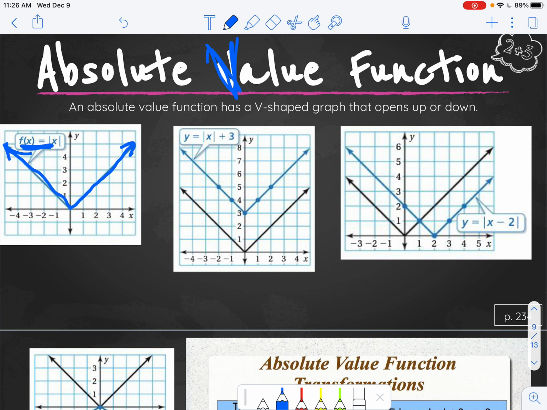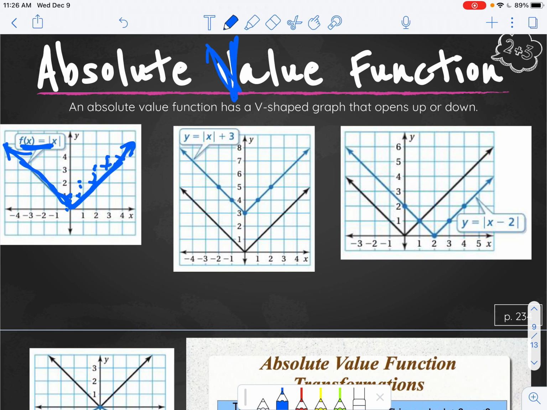And we remember absolute value, the value, because it looks like a V. So that helps us out a little bit. So our parent function has a slope, you can see, of a rise of 1 and a run of 1. And it goes both ways. Instead of coming down here in a line, since we have that absolute value sign, it makes that V-shaped.